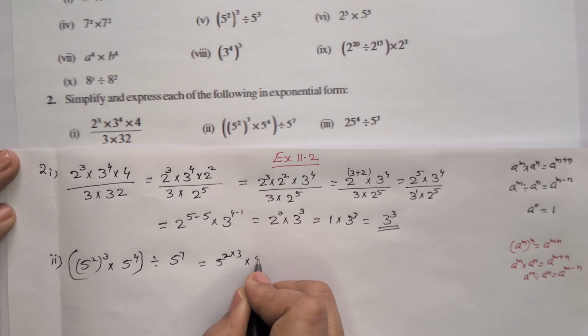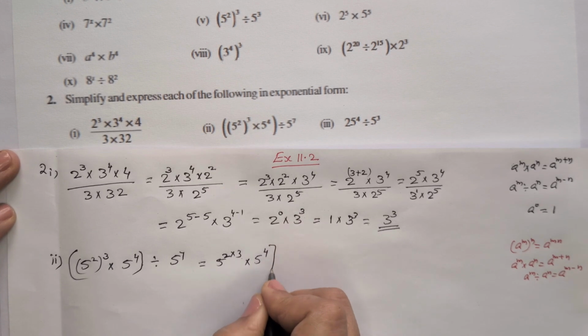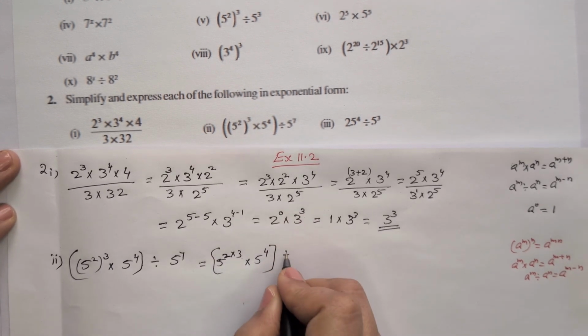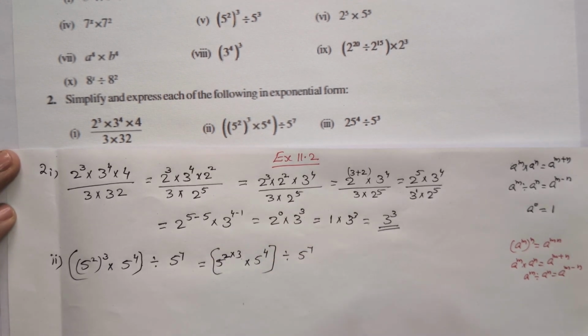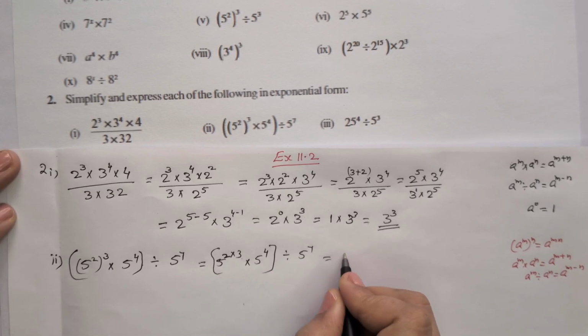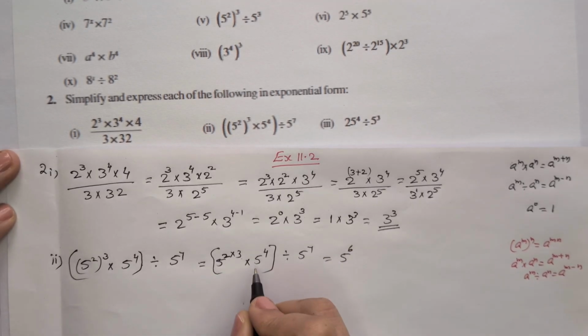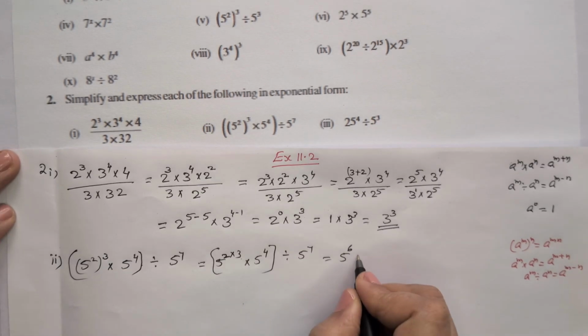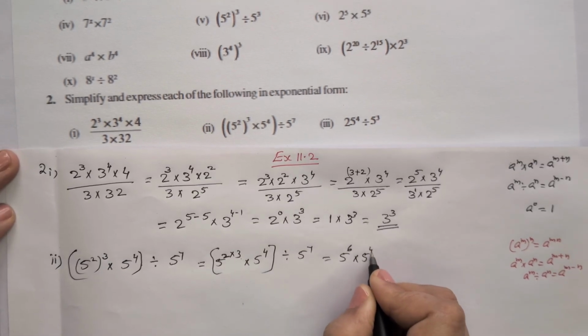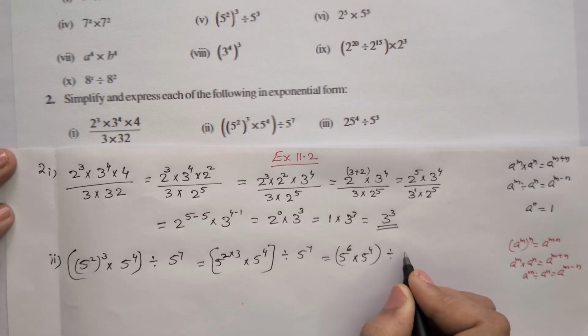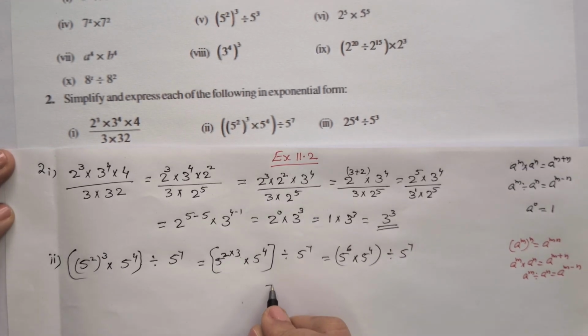That into 5 raised to 4 divided by 5 raised to 7. Here we are getting 5 raised to 2 into 3, 6. Then again here 5 raised to 4. We can do in the next step, divided by 5 raised to 7.